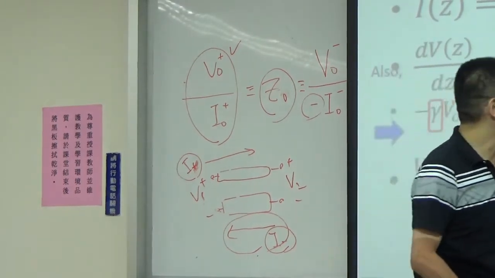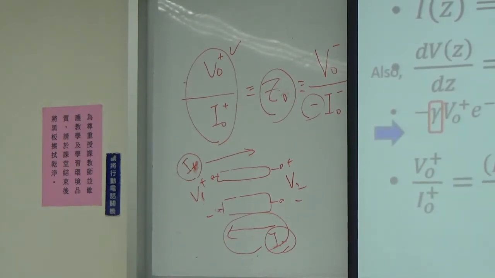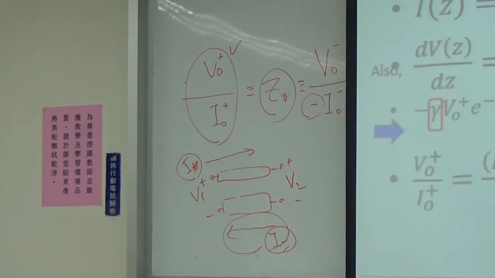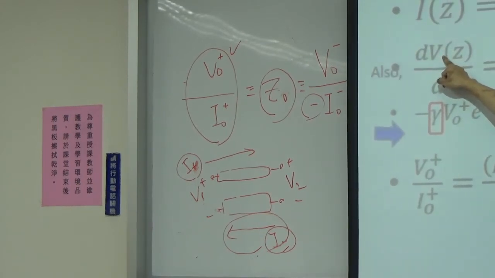So this is the definition of the characteristic impedance. You can directly put this equation here because you already know the voltage.